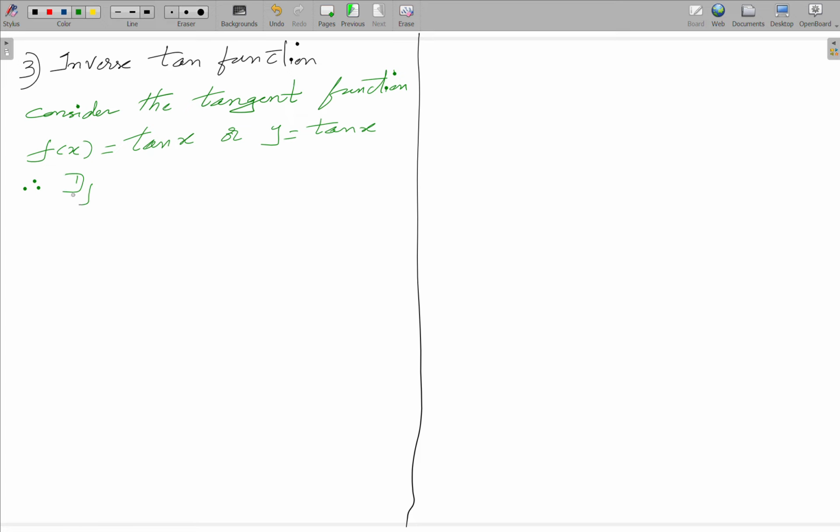Therefore, domain of f is equal to R and range of f is also equal to R, the real numbers. Obviously, now let us represent the tan inverse function in a graphical manner.